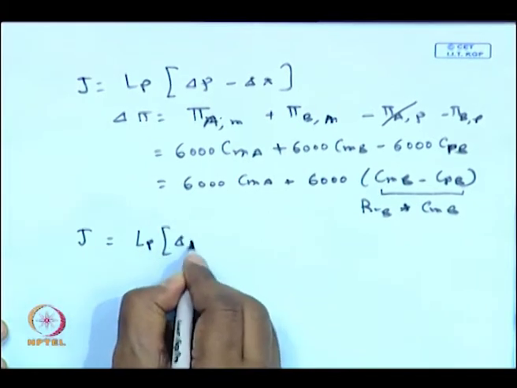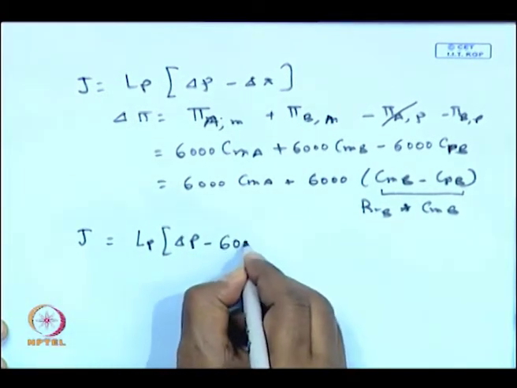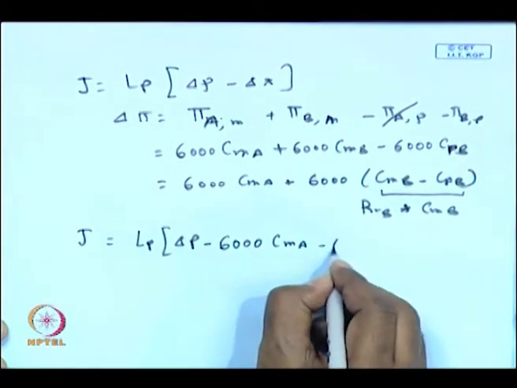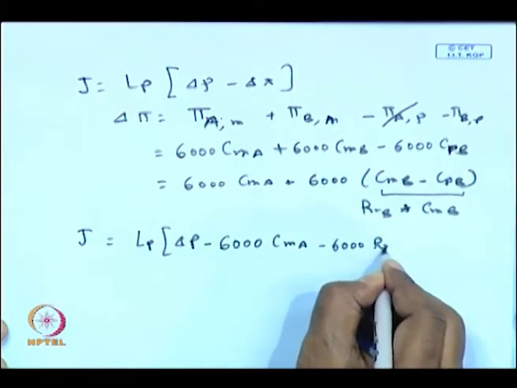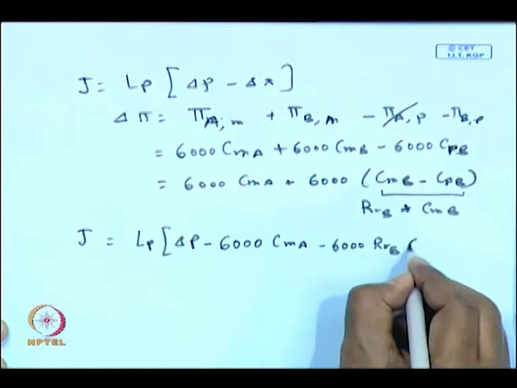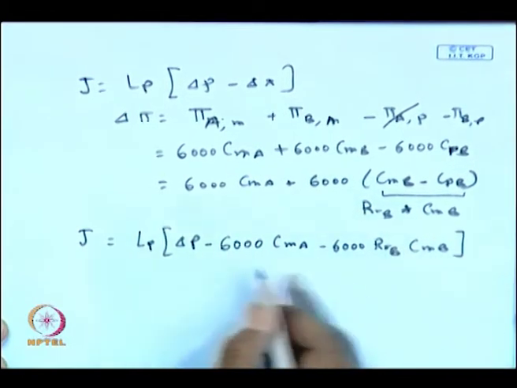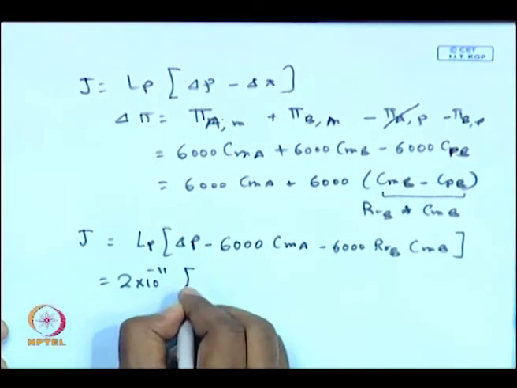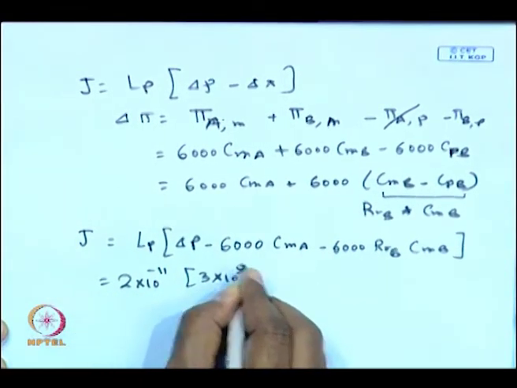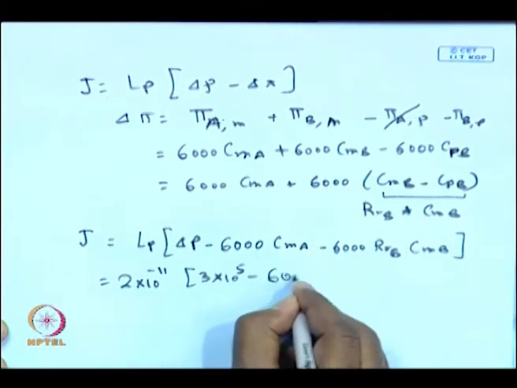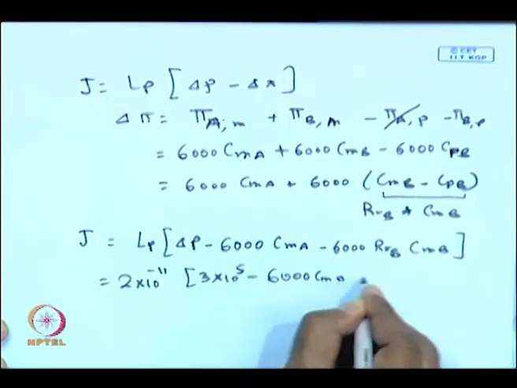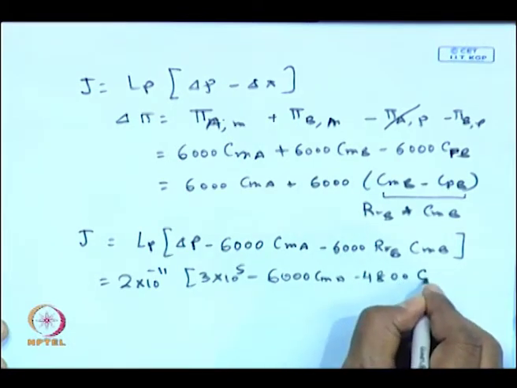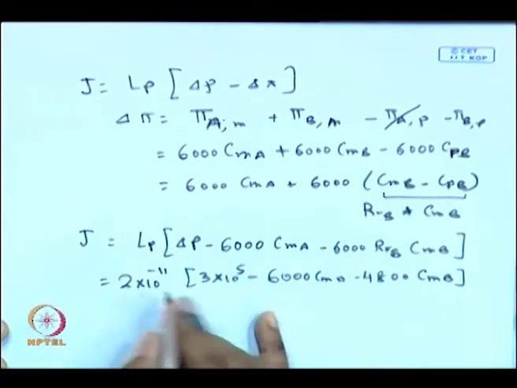Lp times del P minus 6000 CMA minus 6000 RRB CMB. So, just put the values: 2 into 10 to the minus 11, 3 into 10 to the 5 minus 6000 CMA minus 4800 CMB.